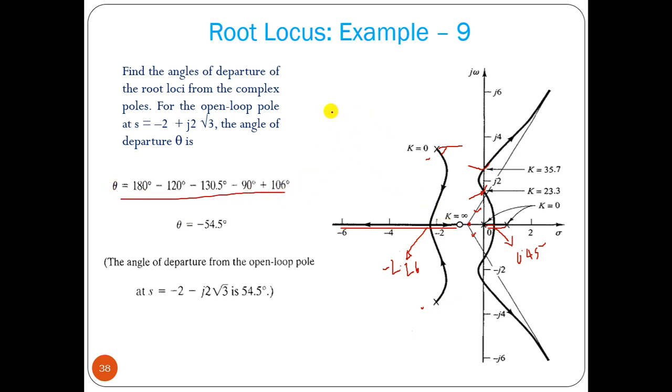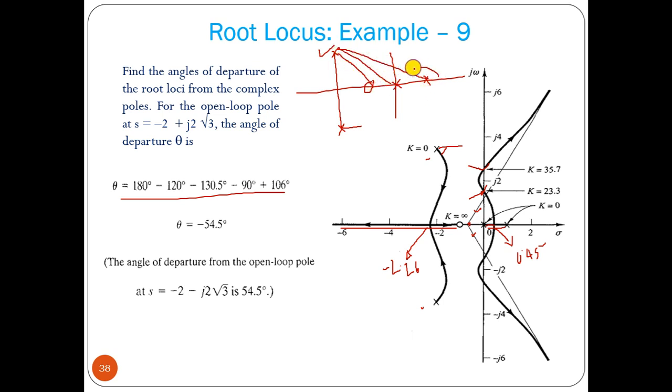So what we have here, we have one pole here, another pole here, 1 zero here, one pole here, another pole here, so we have 1, 2, 3, 4. So if you have to find out this departure angle, this should be your 90 degree, here one angle, another angle, another angle.